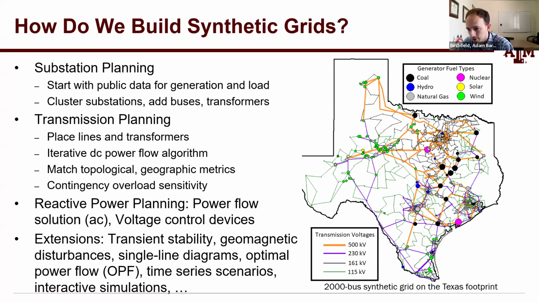Helps us get a convergent Newton-Raphson power flow and the appropriate voltage control devices. Once we have a power flow, that's the jumping off point for various extensions on the grid, which we'll go into as well.